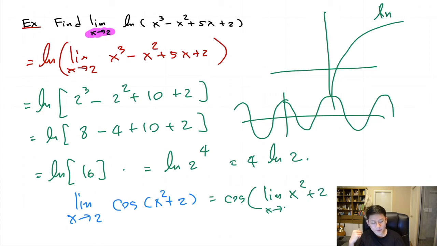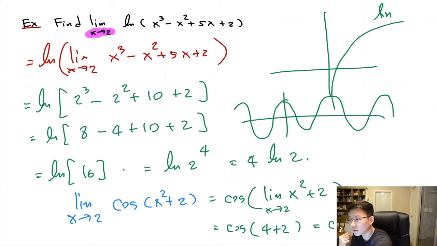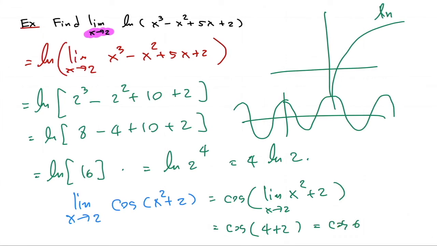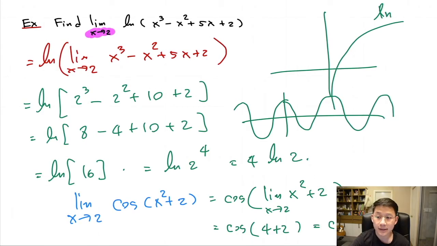So you have cos of 4 plus 2, which is cos 6. And that's it. It's just to say that you can swap between the continuous function and the limit. Okay, and that's it for continuity.